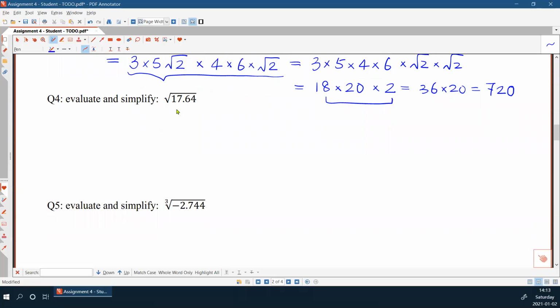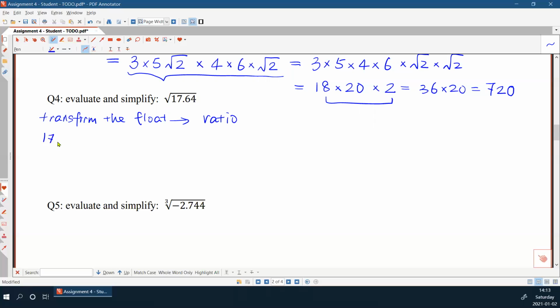Evaluate and simplify. Okay, there is a decimal under a square root. To solve questions like this, it's very common to transform the float or decimal number to ratios.